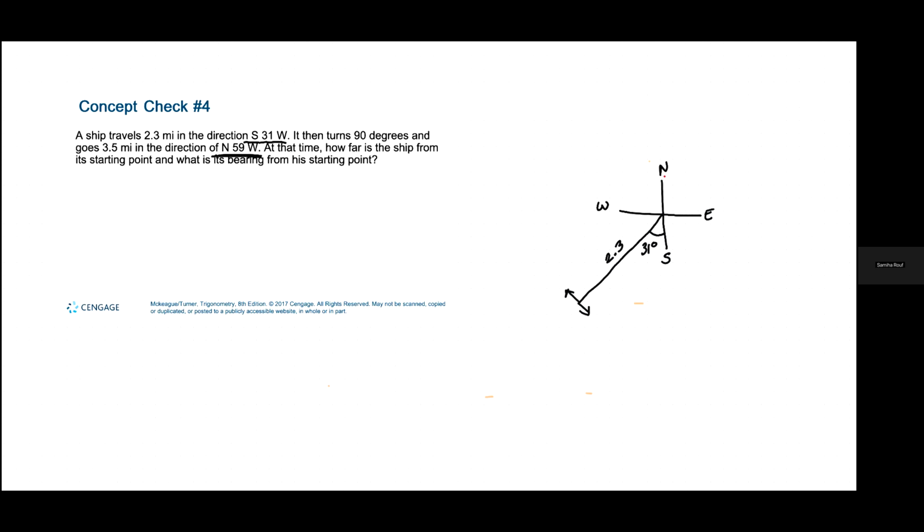Okay, so let's draw the compass. So if this is north, this would be west. So it has to go this way to create a bearing of 59 west. So this angle, let's draw it a little bit bigger.